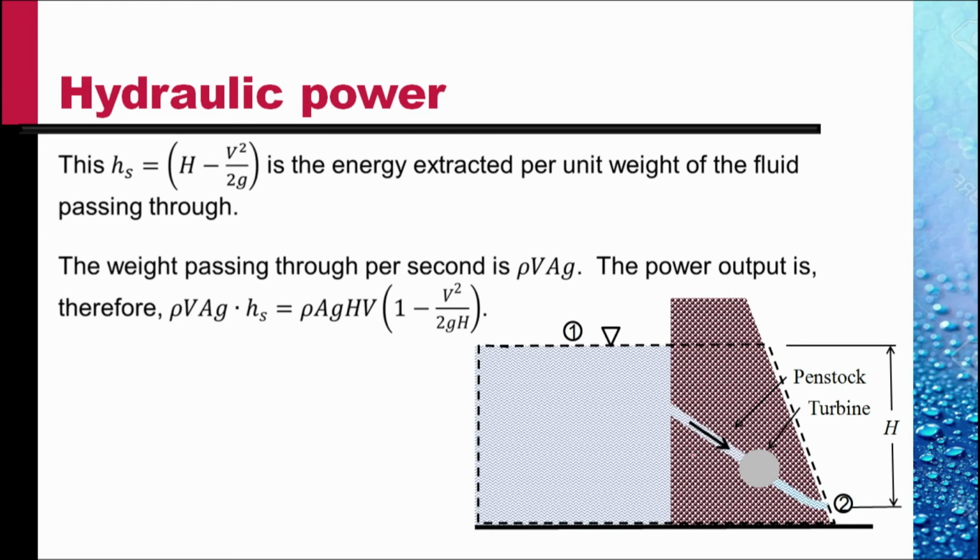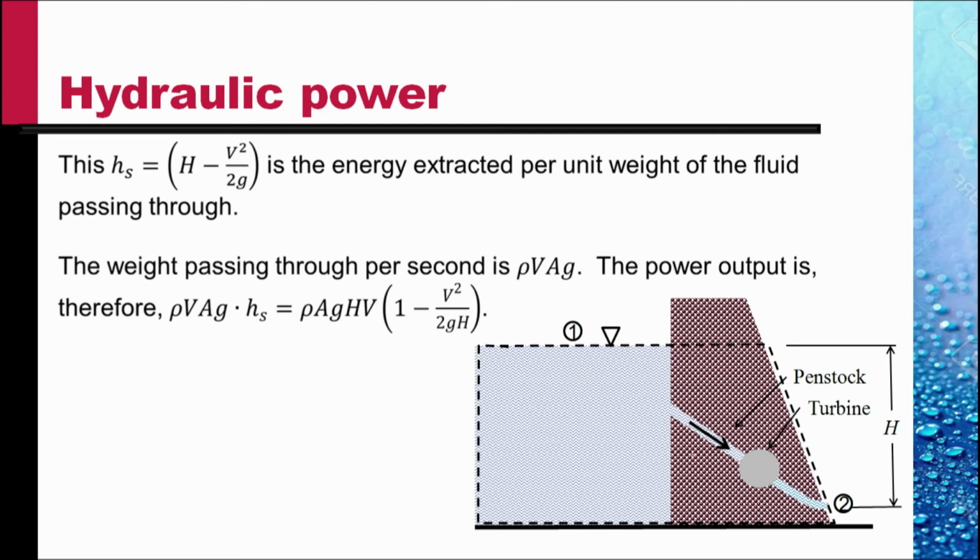VA is the volume passing through, so rho VA gives you the mass passing through per unit time, and multiplied by g will give you the weight of water passing through per unit time. So the power output is rho VAg times Hs, which is rho A g H V into 1 minus V square by twice gH.